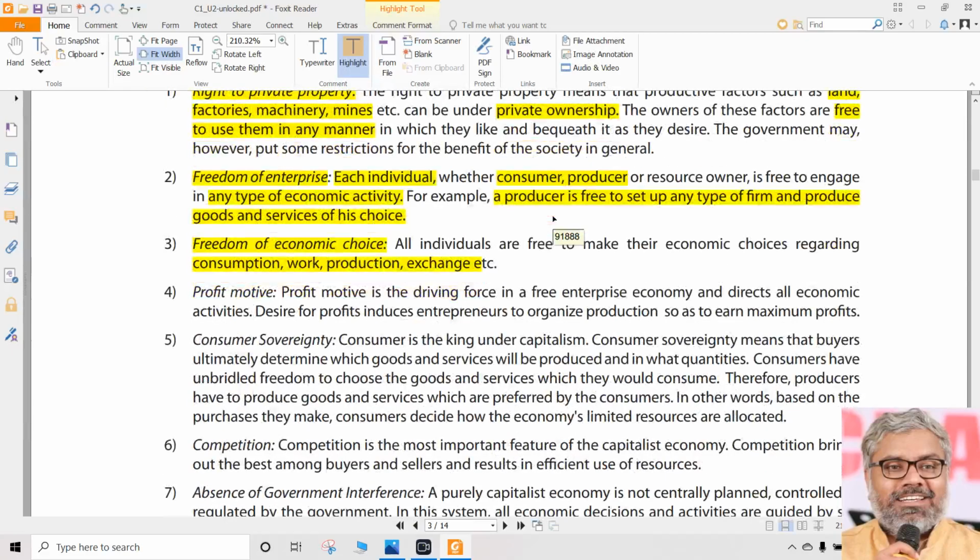Even America, the biggest capitalism in the world, instructed automobile companies like General Motors to manufacture ventilators in the time of Corona. In COVID times, the government of America instructed companies in America, the most capitalistic country we can call. So that is an exceptional case.